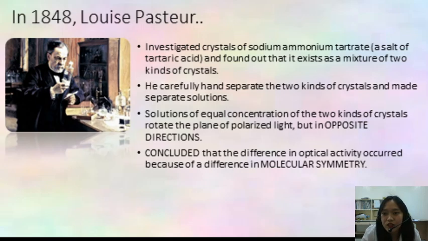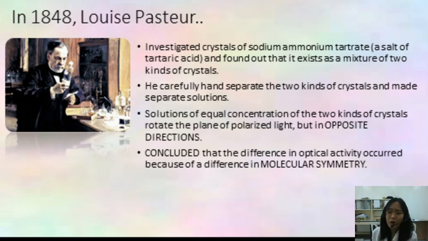So, the solutions of equal concentrations of the two kinds of crystals rotated the plane polarized light, but in opposite directions. So, both types of crystals found in your sodium-ammonium tartrate are optically active. Both of them rotated the plane polarized light. But the difference is in the direction of rotation.